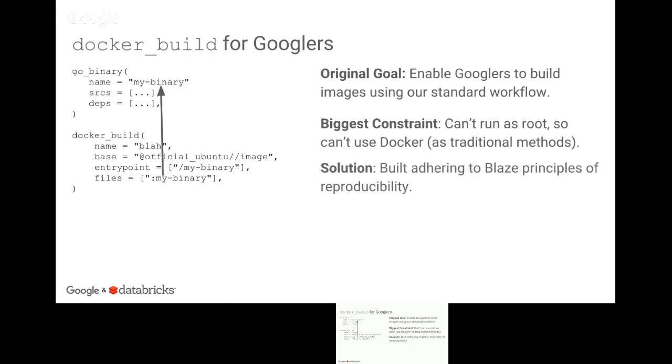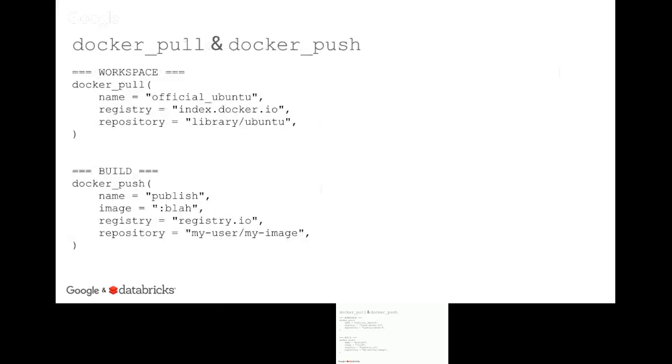The solution we built adheres to Blaze's principled approach of reproducibility, as well as some of our internal principles. And these rules were pretty quickly open sourced by the, at the time, relatively new Bazel team. But the rules that were open sourced at the time had a problem.